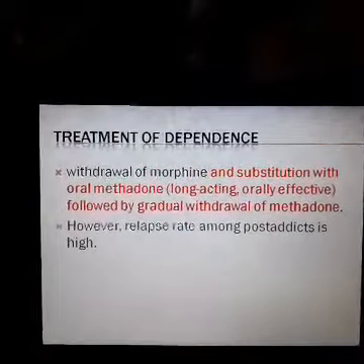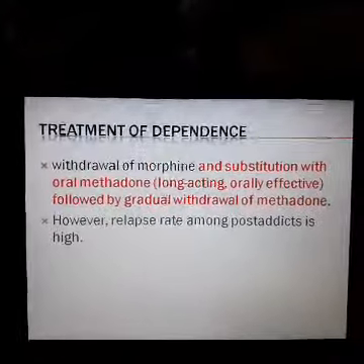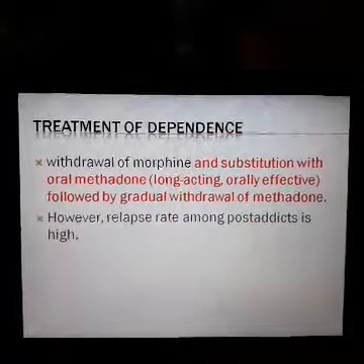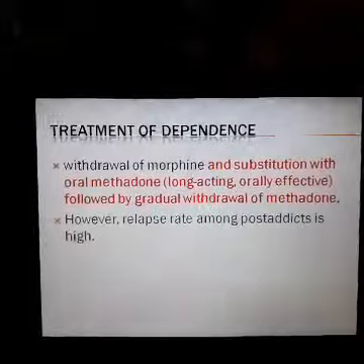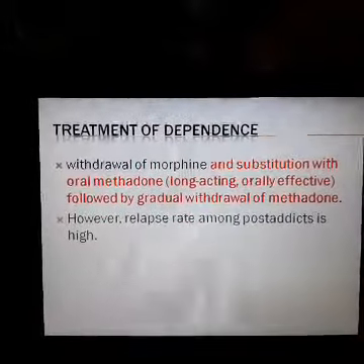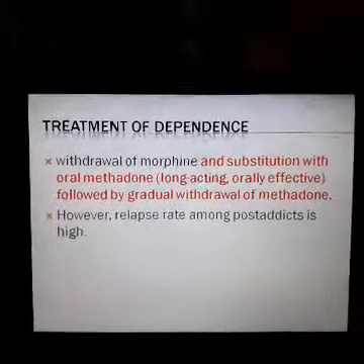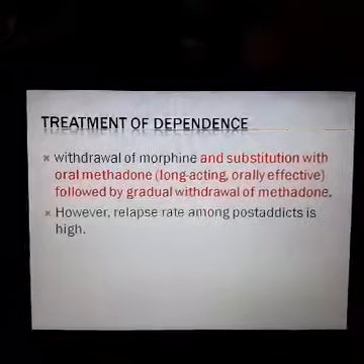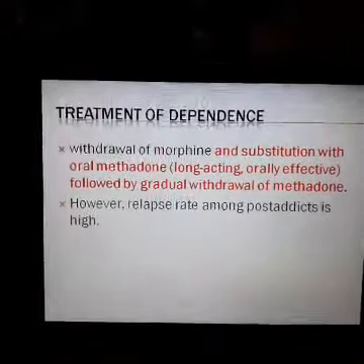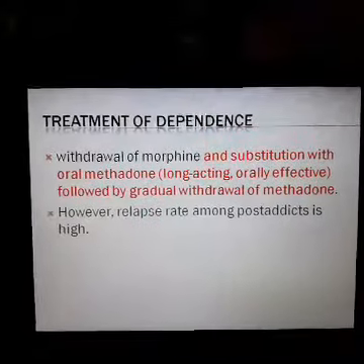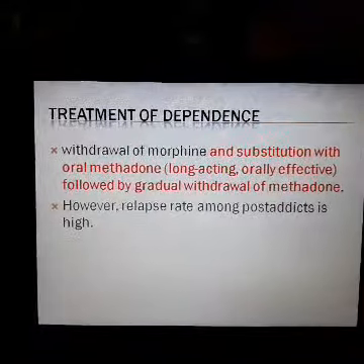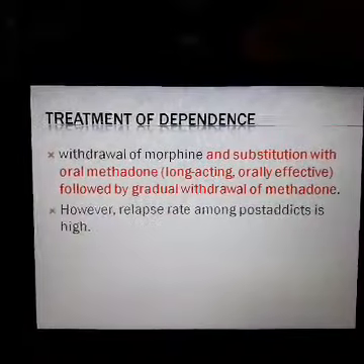That's why the patient feels less urge to procure the drug again, and thus methadone helps to decrease the urge of repeated morphine or heroin intake. But as methadone is once again an opioid, we should gradually withdraw it, and withdrawal is done by giving some opioid antagonist. And here we give naltrexone.